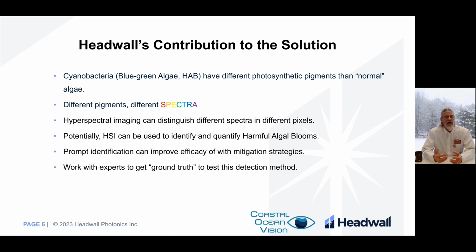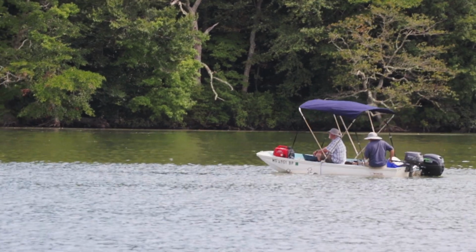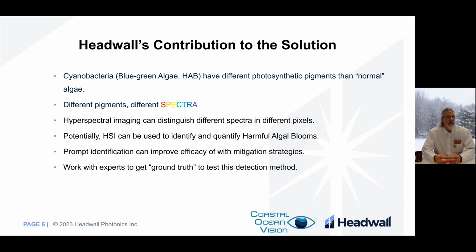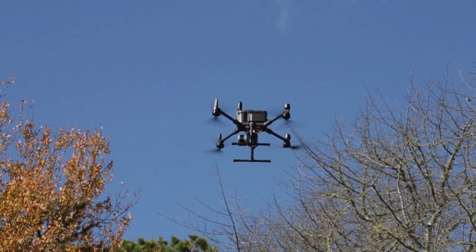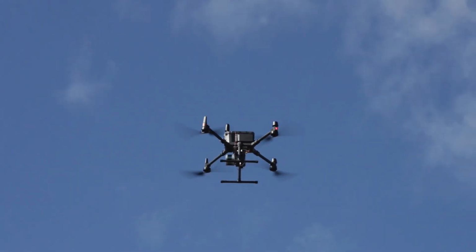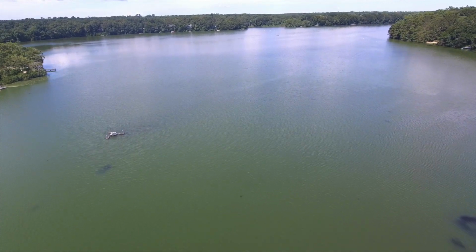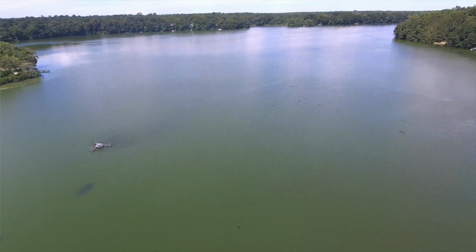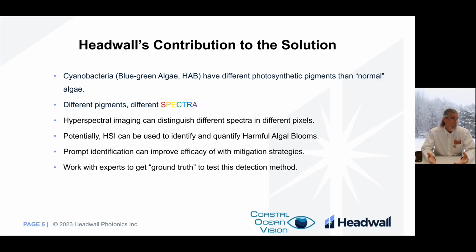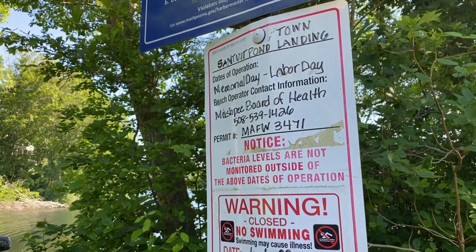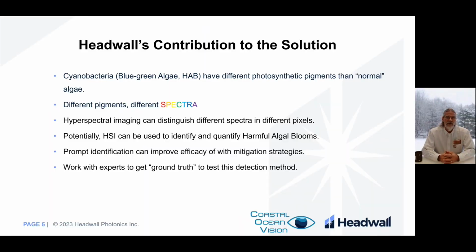And they're going to be going through and actually measuring the water at the same time that we are looking from the air with our hyperspectral imagers to potentially come up with a way that we can fly one of our systems over a pond or any body of water and say, yes, there are harmful algae here. No, there are not. Here's where they are. Here's where you should do your mitigation methods. Or this particular beach should be closed because we've detected too much of this dangerous material.